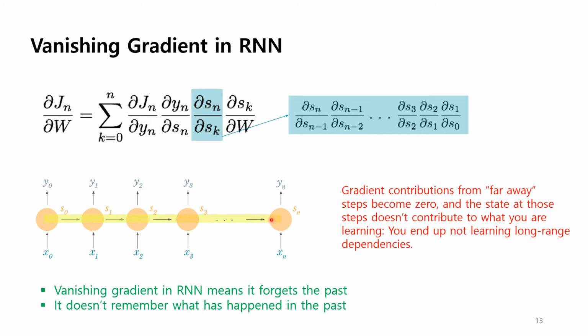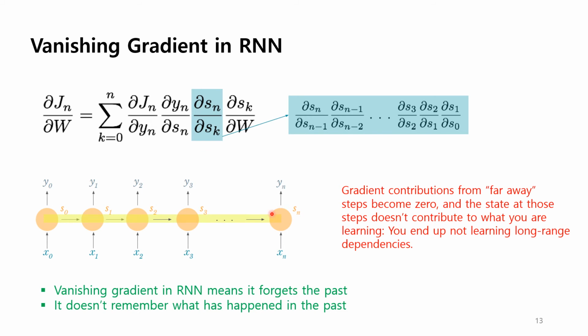Maybe there is some change in 2 or 3 previous steps, but for more than 5 previous steps, nothing actually happens. And it doesn't remember what has happened in the past, like more than 5 steps or something like that. Okay, it doesn't remember it. So things that happened back here don't make any difference in the current time step. Okay, so that's what happens.